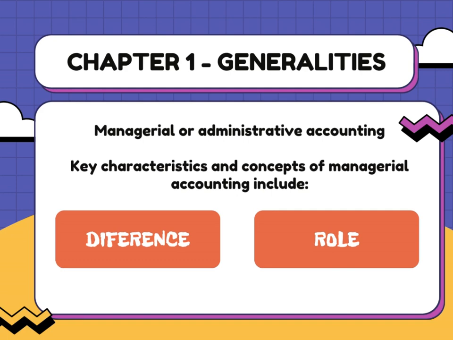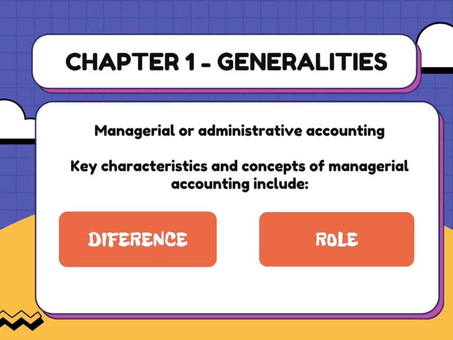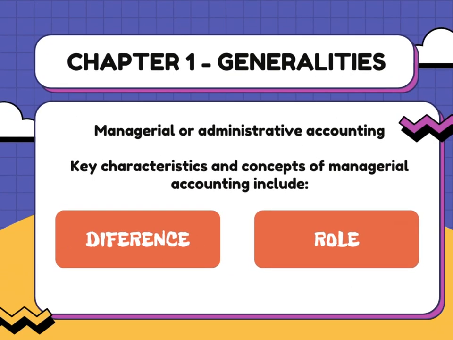Unlike financial accounting, which is primarily concerned with reporting financial information to external stakeholders, managerial accounting is primarily aimed at aiding managers and executives within the organization in planning, controlling, and decision making.